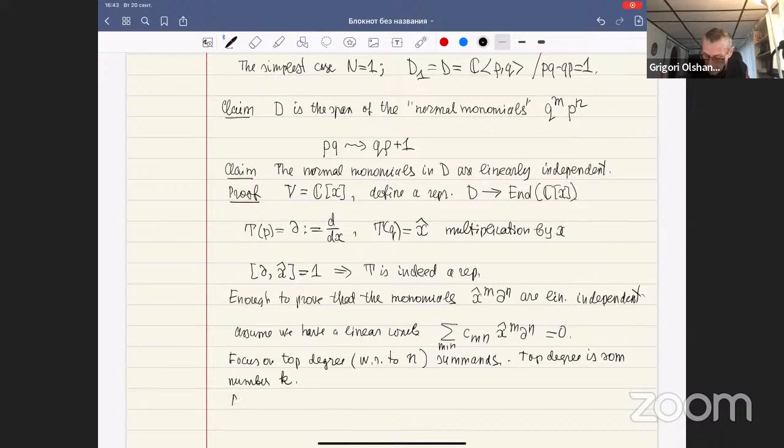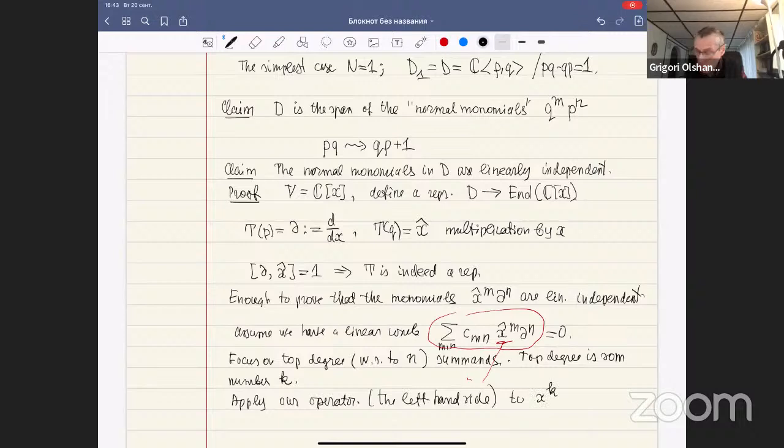Now apply to the left-hand side the operator x^k.